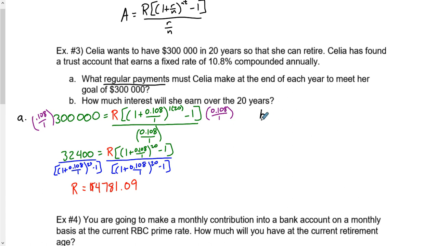How much of that would be interest? How much interest would she have earned? Well, she's putting $4,781.09 away every single year for 20 years.